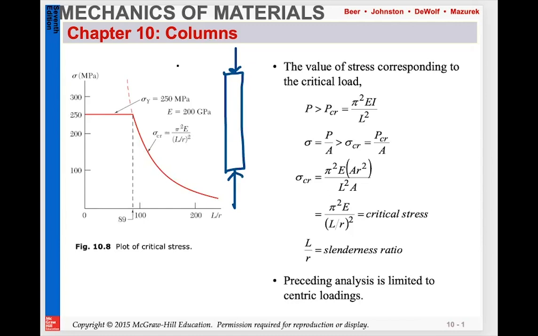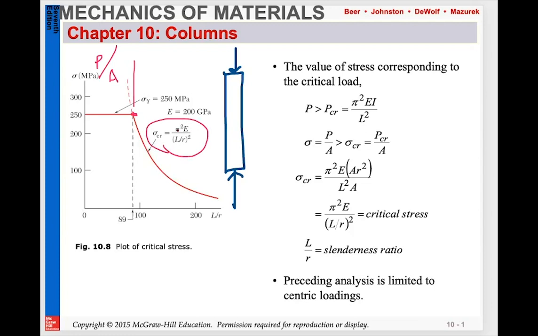There are times when the column will buckle, and there are times when the column will not buckle. So up to a certain critical point, below this, we can use our normal stress equal to P over A. Above this, we can use our critical stress by the formula here for buckling.